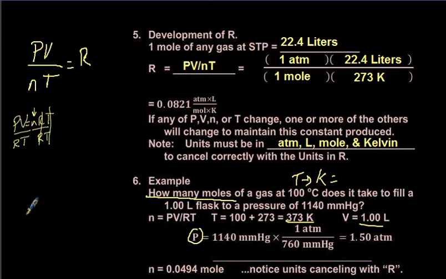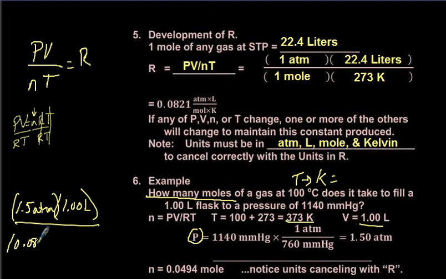We have pressure, which is 1.5 atm, times our volume, which is 1.00 liters, divided by our R, which is 0.0821 liter atmosphere over mole Kelvin, and our temperature, which was 373 Kelvin.